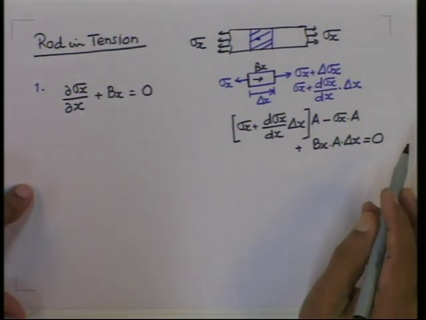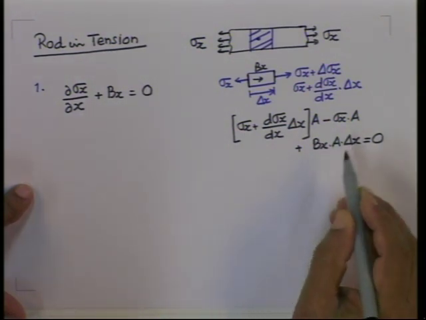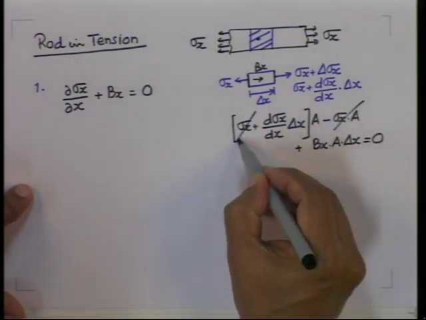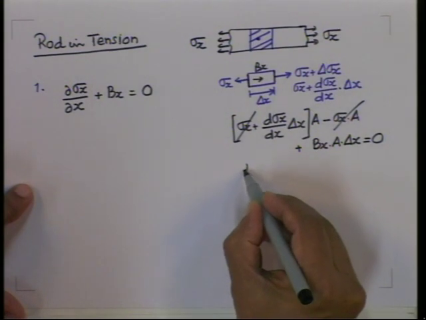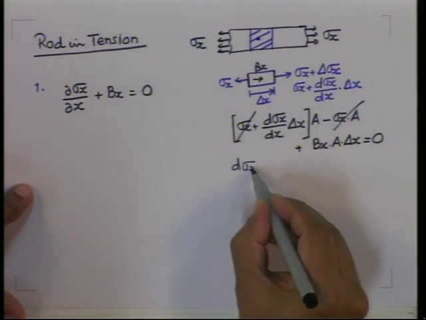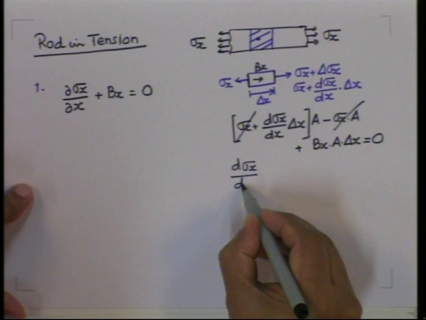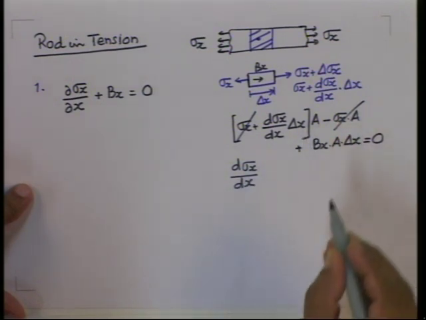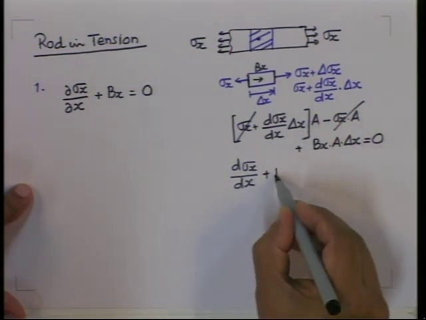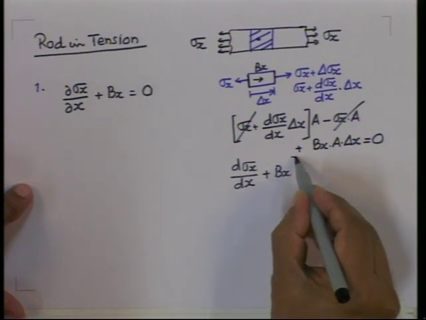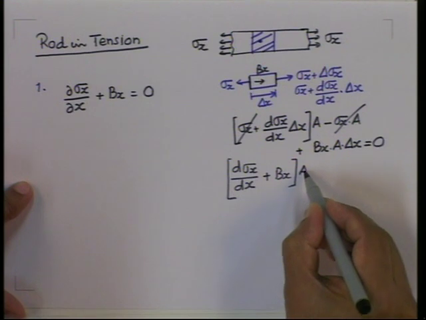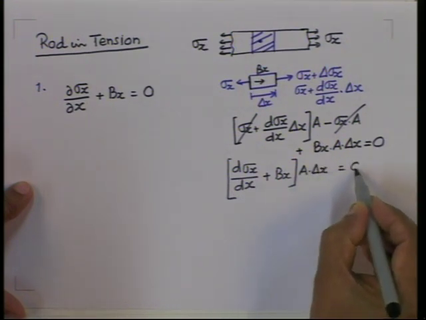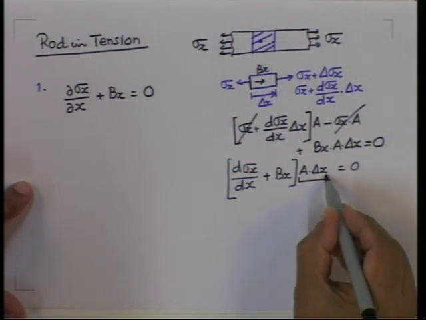So, this area multiplication gets cancelled, and then you get d sigma x by dx plus B x multiplied by area into dx, which is common, and area into dx is nothing but the volume.